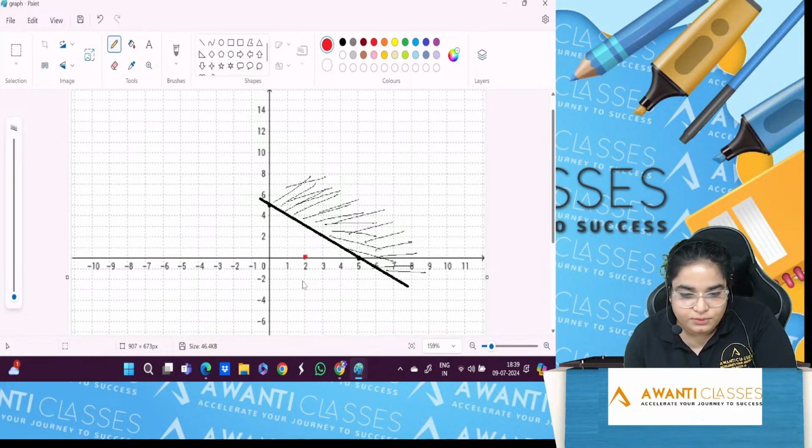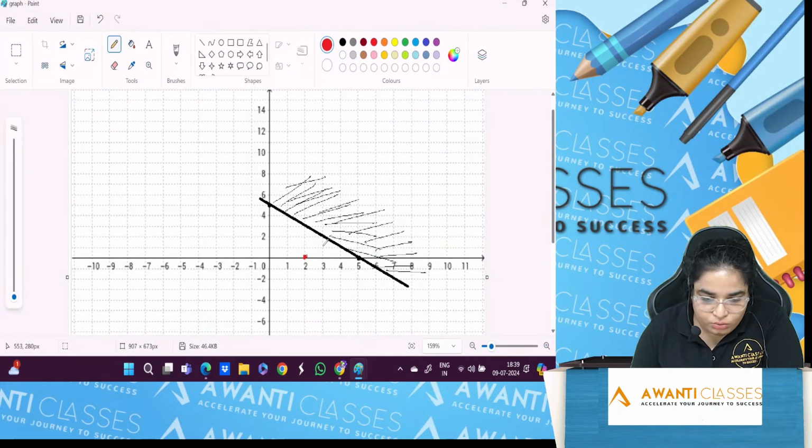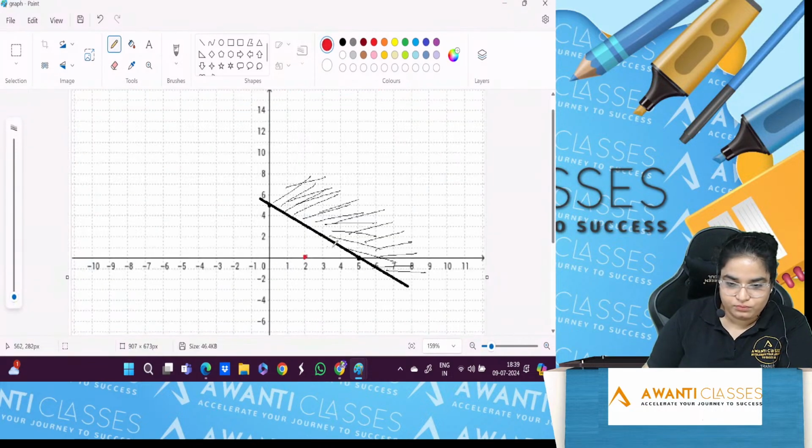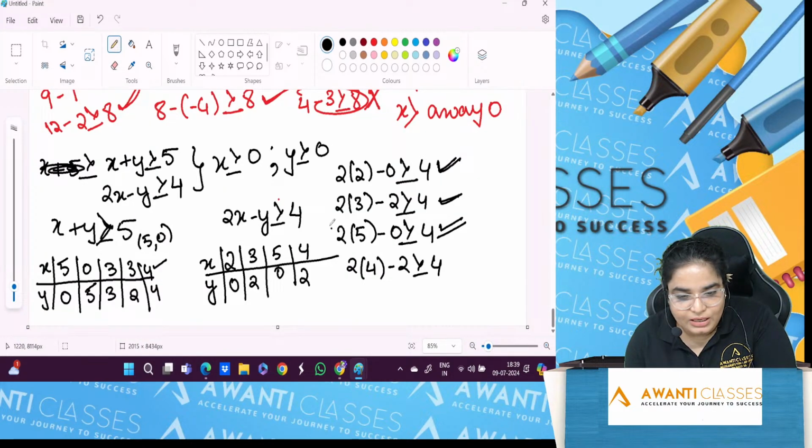What else will work? 3 and 2 will also work. This is also a point that will work. 5 and 0 will also work. What is the least that y can be? y can be minimum 0.